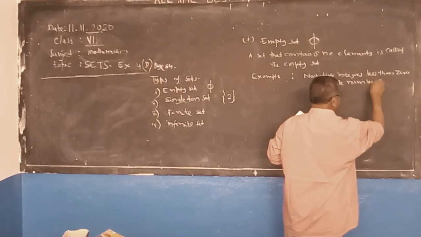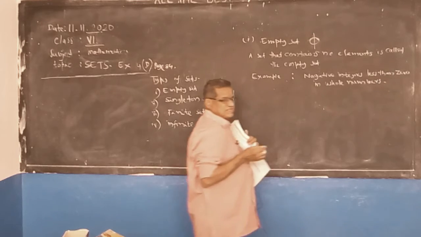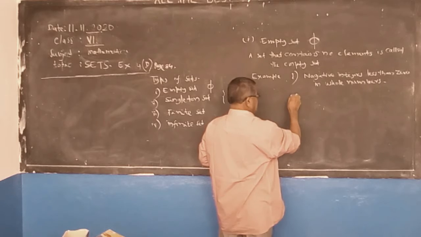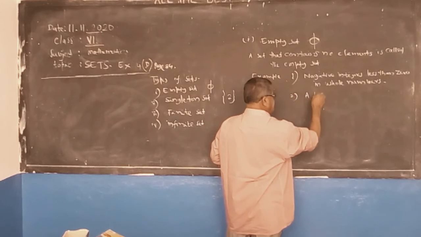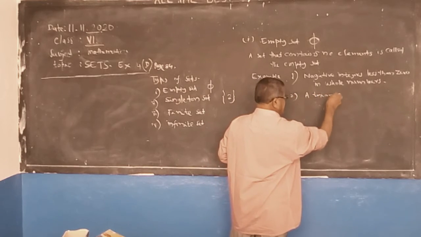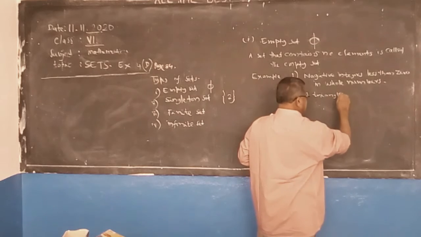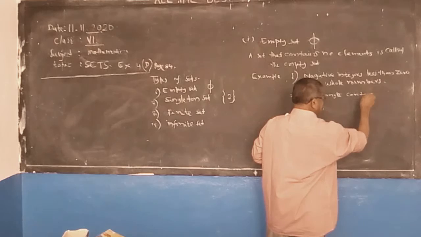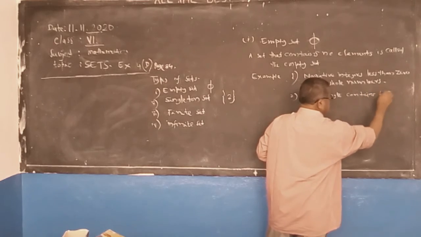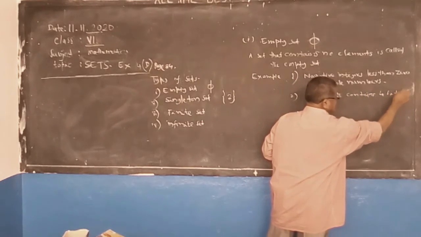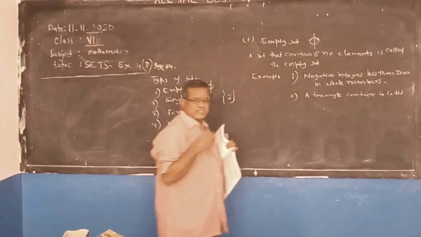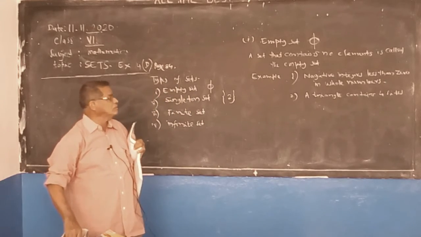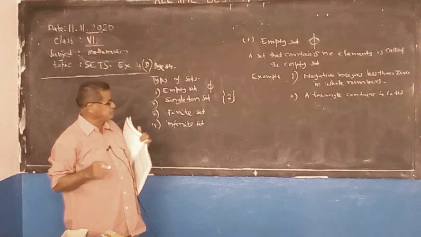In whole numbers there are no negatives. A triangle contains 4 sides. We get only 3 sides and not 4 sides. Like that we can give more examples.